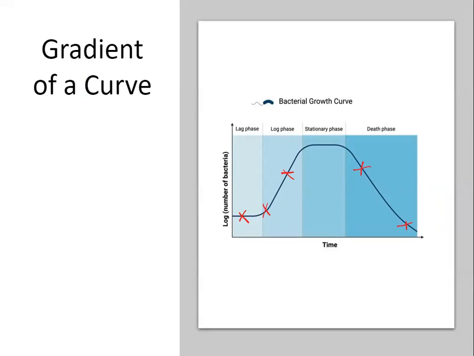Therefore, the problem arises, how do we now find the gradient of a curve at a particular point? See, with a straight line, all you have to do is find one gradient and your problem is over.